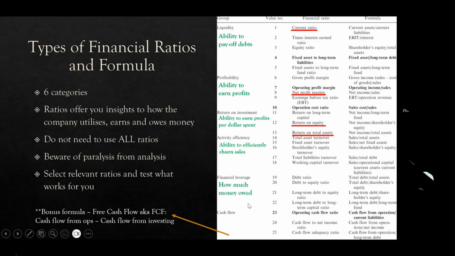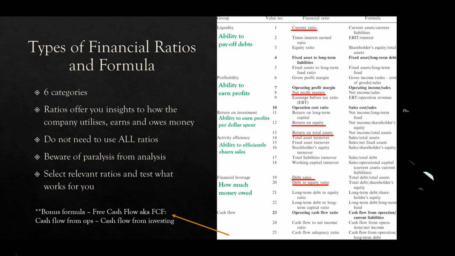Financial leverage is how much money the company owes. So I usually look at these two. So total debt over total assets. So you can see the financial ratios are quite dynamic because it's just a matter of changing the numerator and denominator. So if I take assets over debt, that is similar to the current ratio, right?